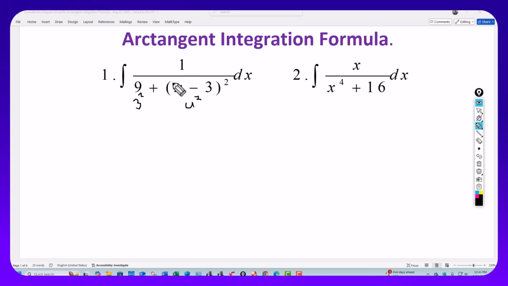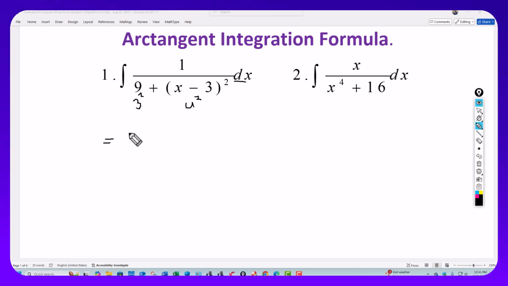So notice, if I let u equal x minus 3, then du would be the derivative of that, which would be 1, which would be dx. So this would be du. This would still be 3 squared, and this would be your u. And you could go directly to that formula.